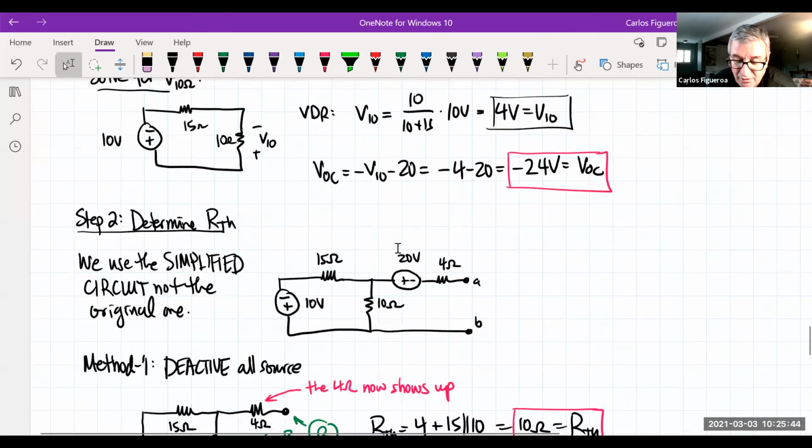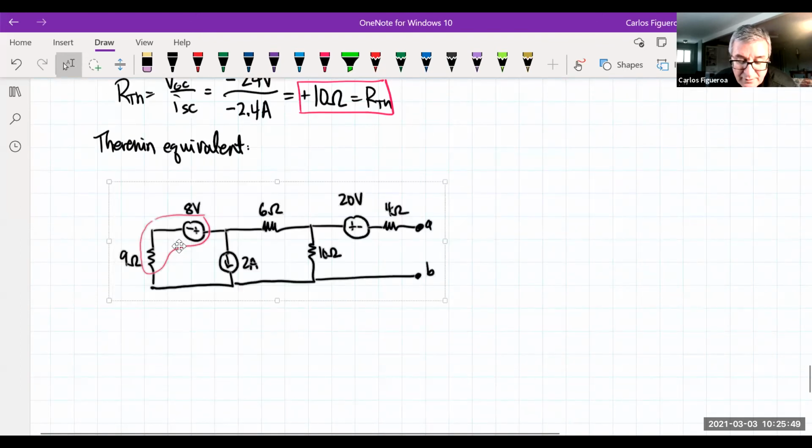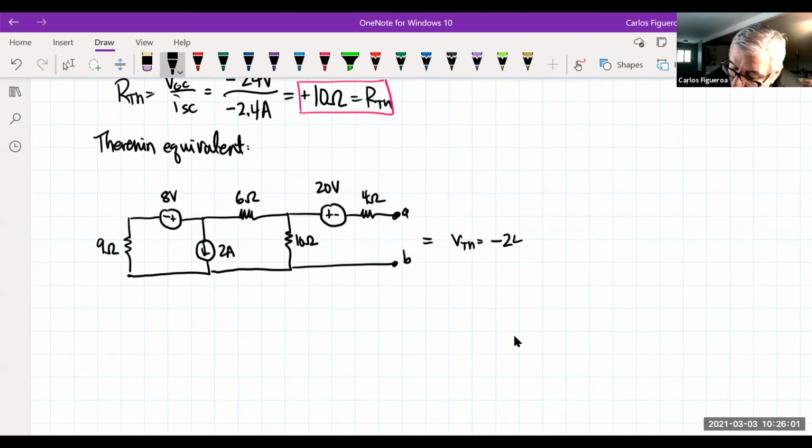I'm going to bring it all the way down here. So if I have the original one, it looks like this. That means that I can replace this circuit with VTH of negative 24 volts. Look at my polarity.